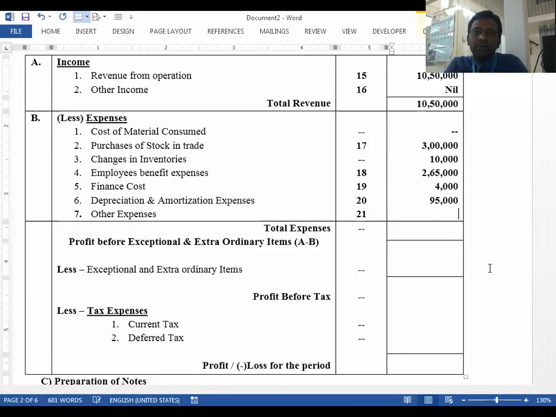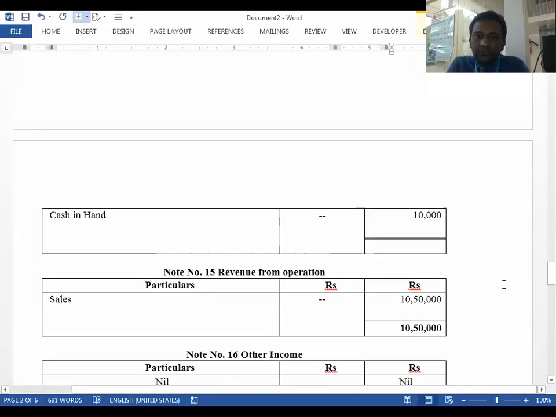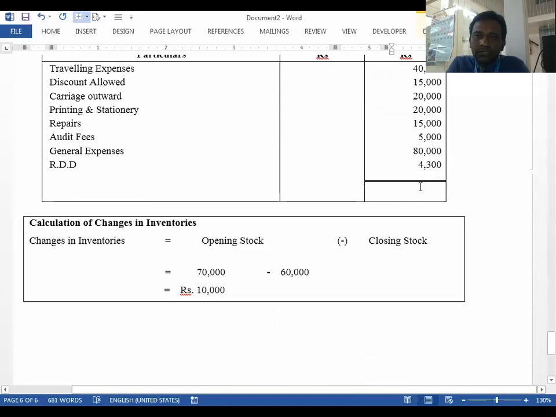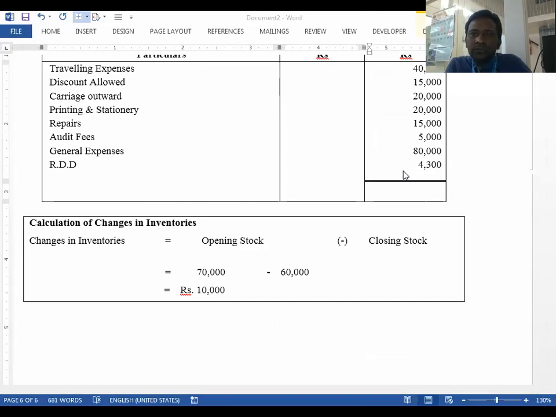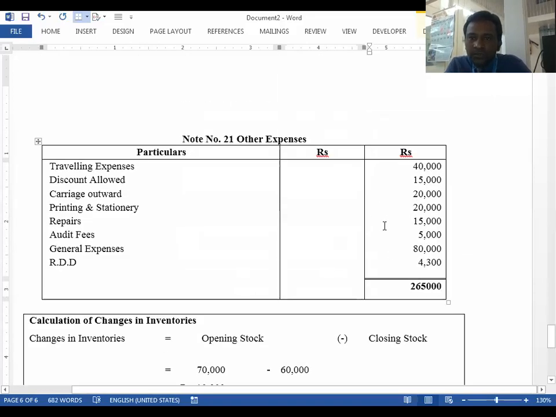And notes number 21. Just calculate it. We have only 8 minutes remaining now.